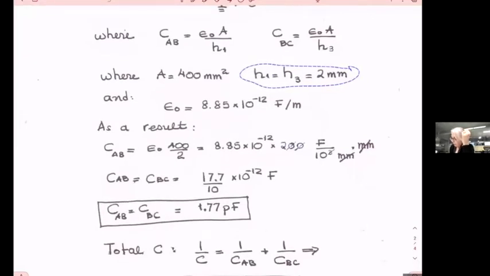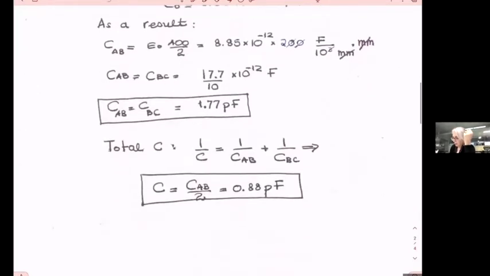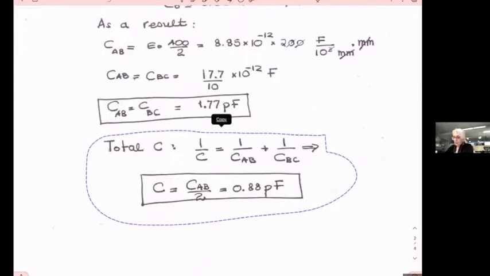If you convert the millimeters to meters, using 10 to the minus third, and plug in, you find that CAB and CBC are equal to 1.77 picofarads. Because you consider them in series, the total capacitance is going to be half of it. So that's how I would solve this problem.